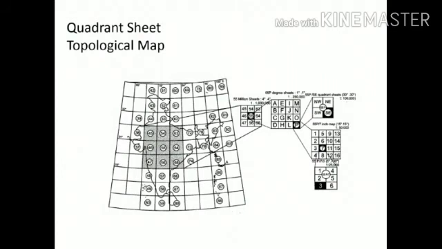These sheets are numbered from 1 to 16 and written as 45A/1, 45A/2 and so on up to 45A/16. The scale of these sheets is 1:50,000 or 2 centimeters to 1 kilometer.